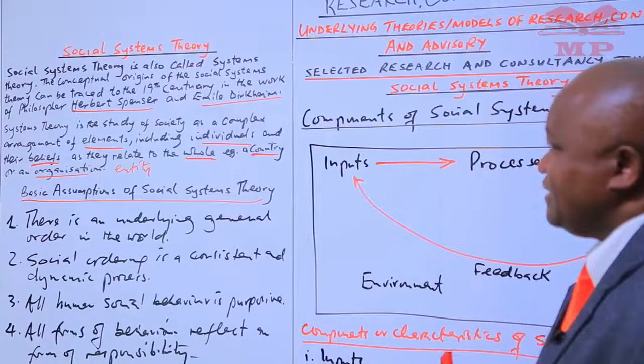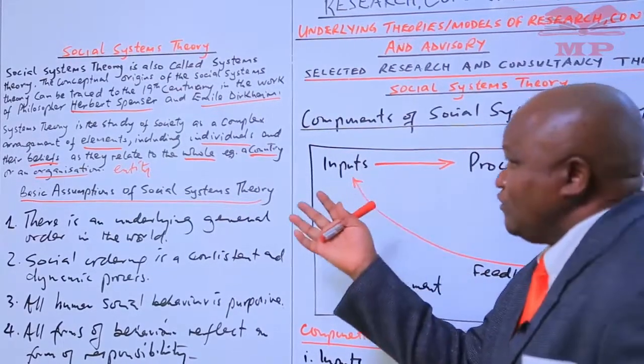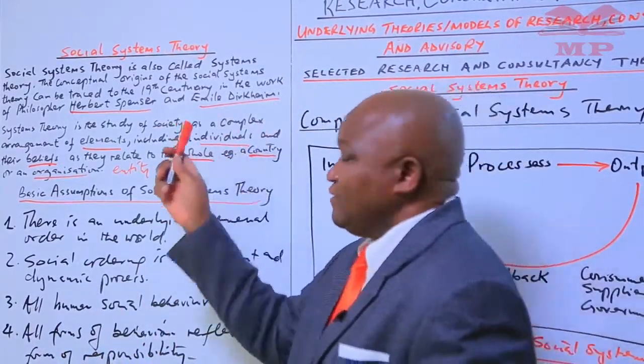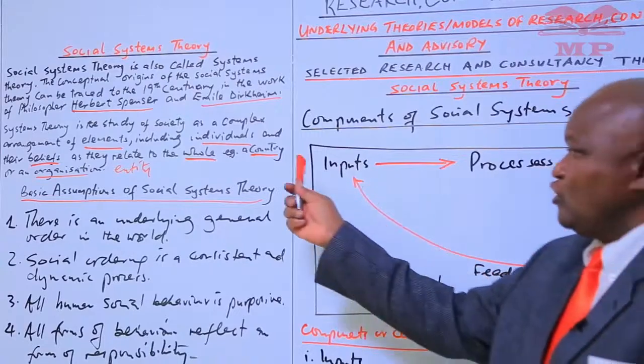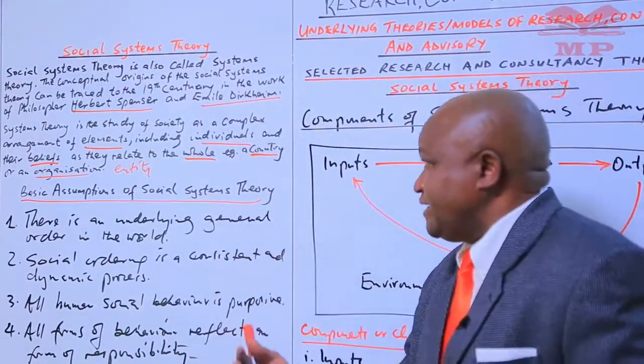We have seen that systems theory is the study of society, and it looks at society as a complex arrangement of elements that include individuals and their beliefs, as they relate to the whole.